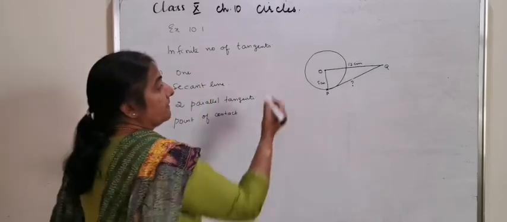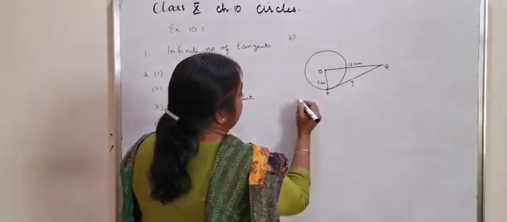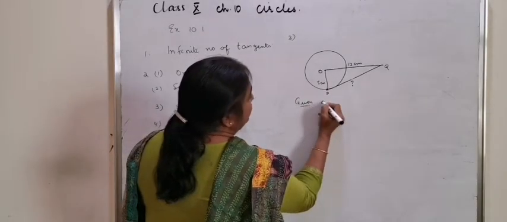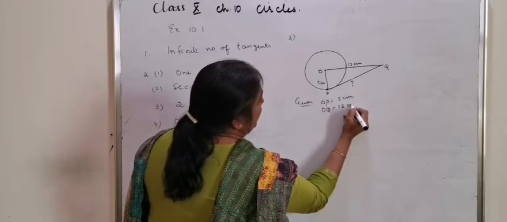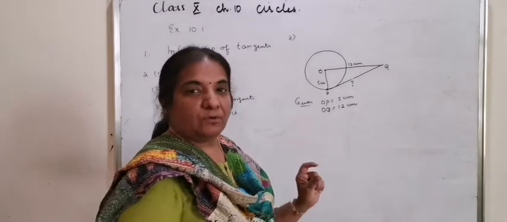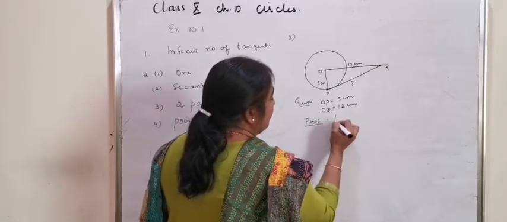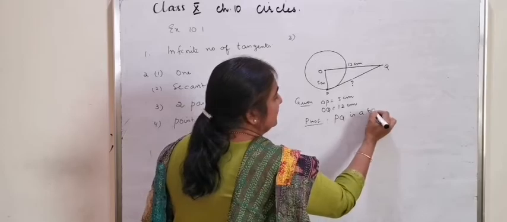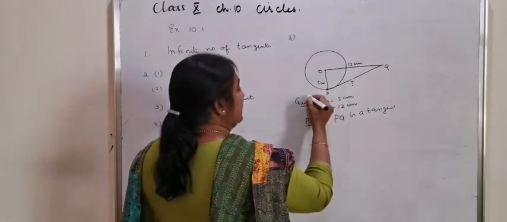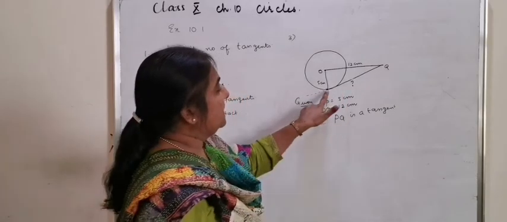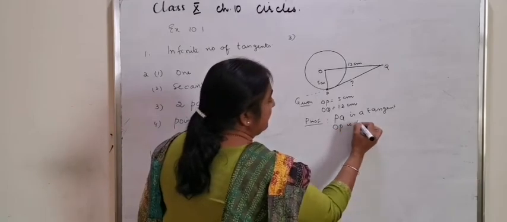It is given in the figure that OP is equal to 5 centimeter, OQ is equal to 12 centimeter. And now PQ is a tangent. Proof. PQ is a tangent. Why is it a tangent? Because it is a line touching the circle at exactly one point.